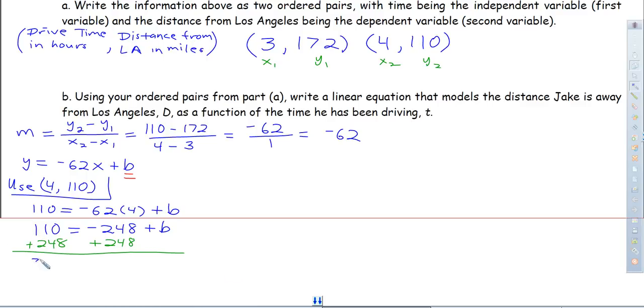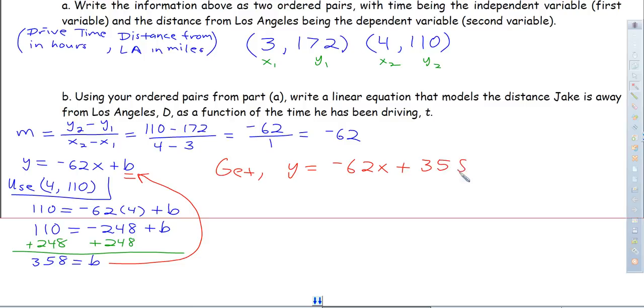And this will give us 358 equals b. And remember, that's what we were missing. So we plug that back into here, and what do we get? We get y equals negative 62x plus 358.